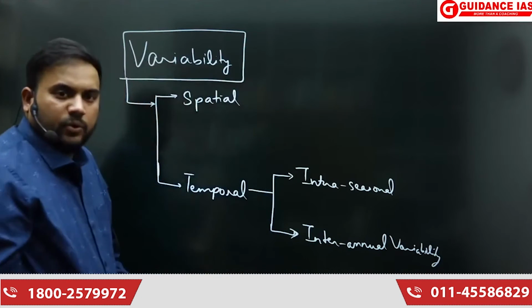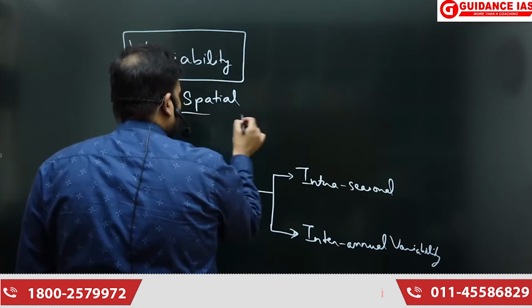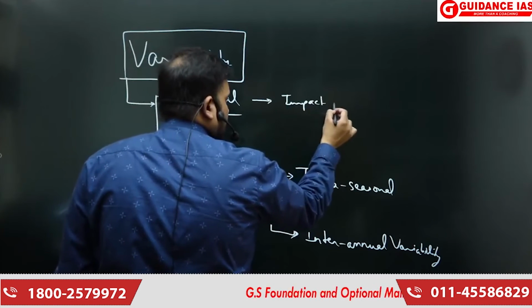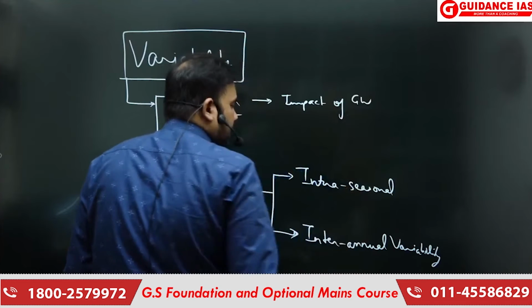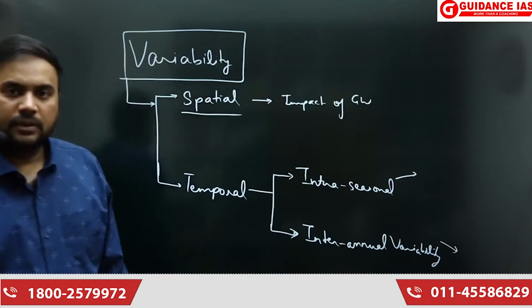Now in this, if I want to add more, I can also add, besides spatial, the present and, for example, the impact of global warming. What is global warming doing? Same thing here.